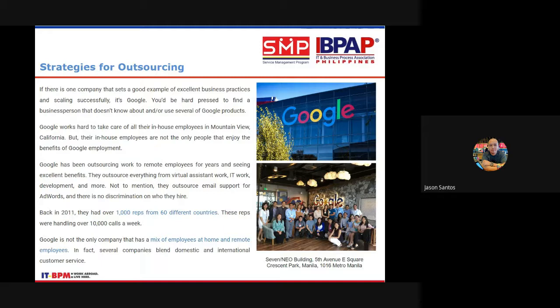In fact, they have a site here in the Philippines. It's in the 7 NEO building, Fifth Avenue Square, Crescent Park, Manila, in Metro Manila. So that's just a testament to Google's outsourcing services also being done in the Philippines. Okay, they outsource everything from virtual assistant work to IT work, development, and more.